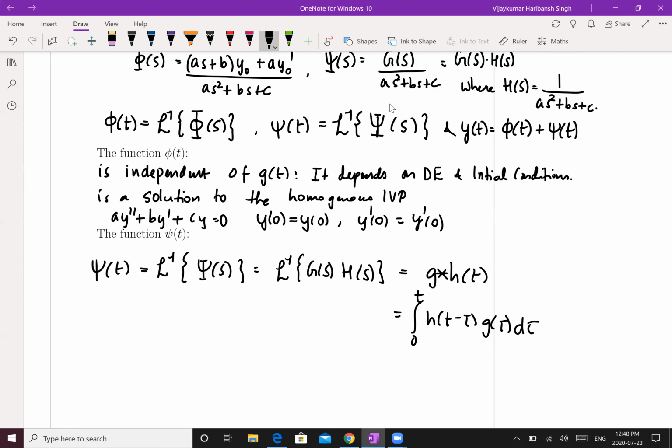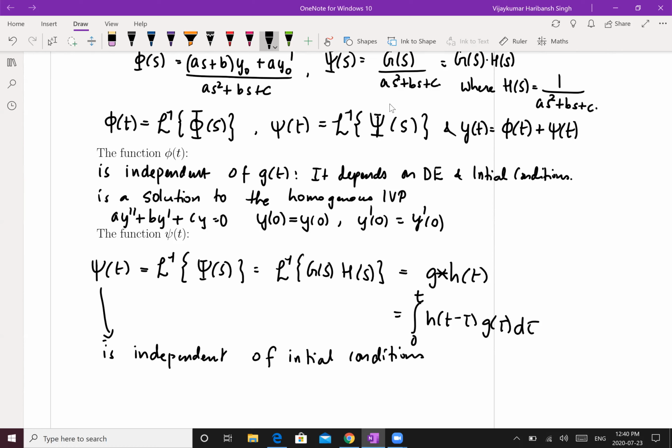And again, you have that this function phi of t is independent of the initial conditions, right? You can see that from the formula.